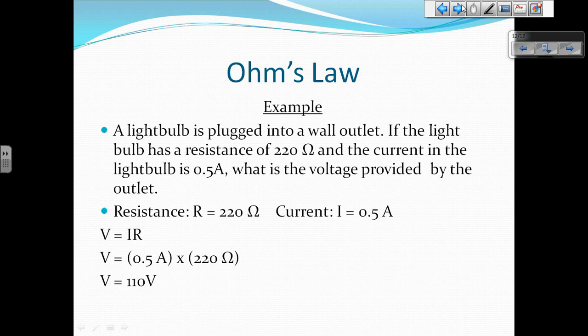So our Ohm's law formula is V equals IR. All we would have to do is plug these two numbers into the equation. 0.5 amps times 220 ohms. We multiply those together and our voltage ends up being 110 volts. So Ohm's law is simply an equation that shows you the relationship between resistance, voltage, and current.